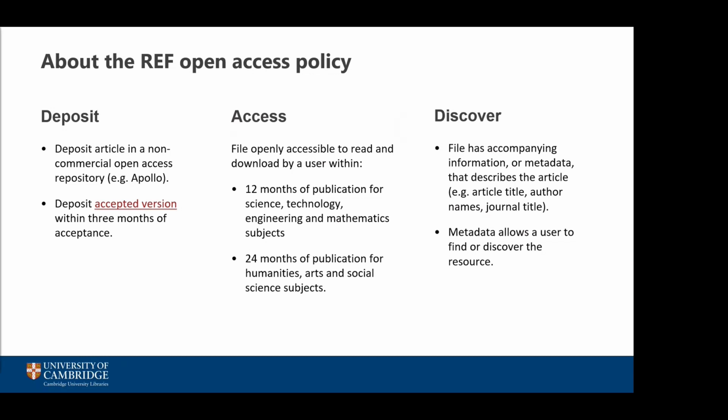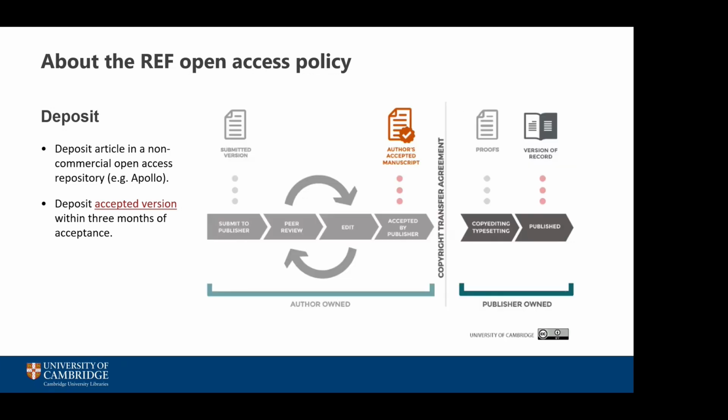Deposit. An article must be deposited in a non-commercial open access repository, such as Apollo, the university's institutional repository. At a minimum, the author's accepted manuscript must be deposited within 3 months of acceptance. The author's accepted manuscript is the version when the publisher accepts it for publication, and the corresponding author receives notification of this.